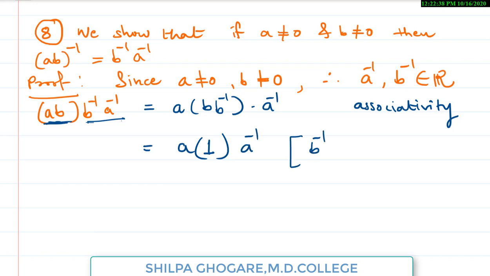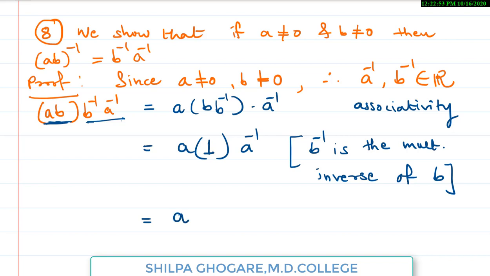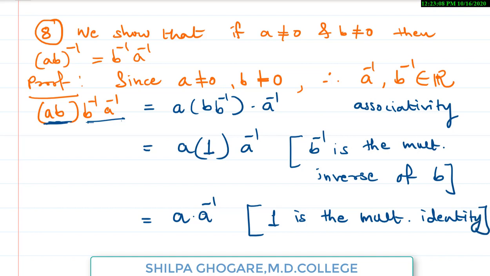Because B inverse is the multiplicative inverse of B. Correct? Now what do I get? A into 1, I get A itself and this A inverse will remain as it is. Why? Why did this come? Because 1 is the multiplicative identity. Please note, the basic axioms are the only things which are used over here, nothing else.